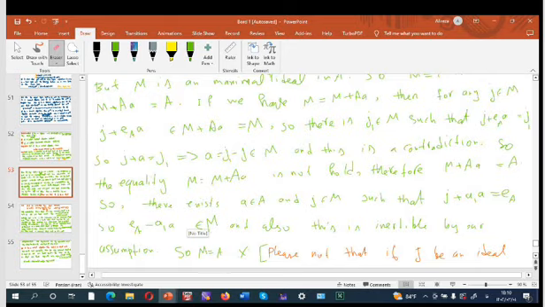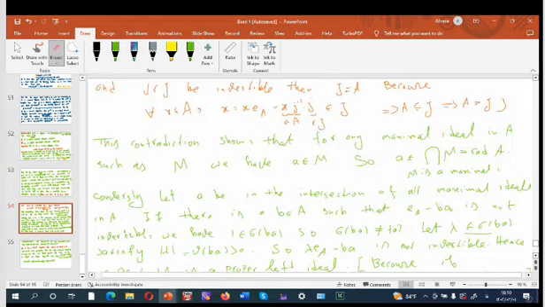So M must be equal to A. Okay, the other proof is true for a maximal left ideal.